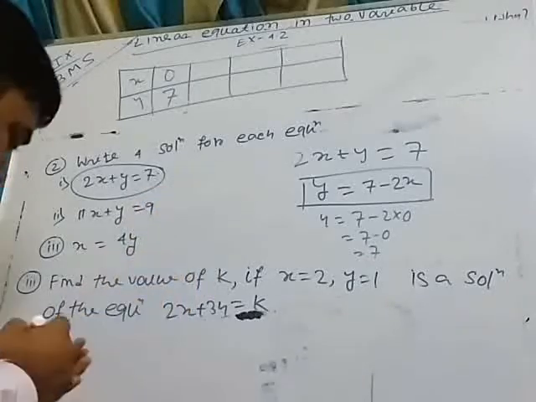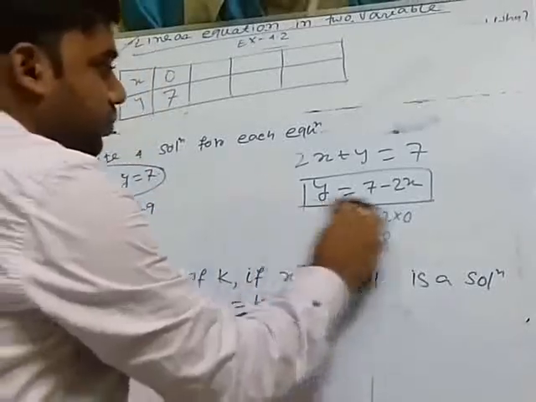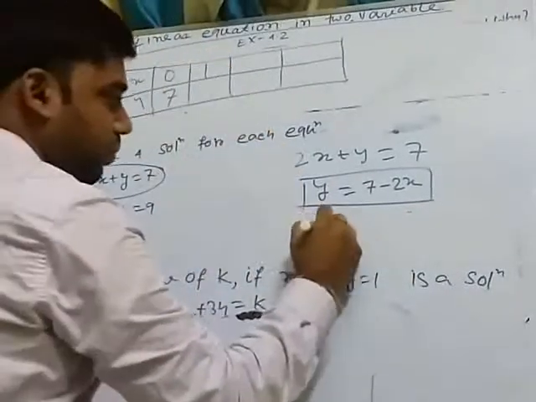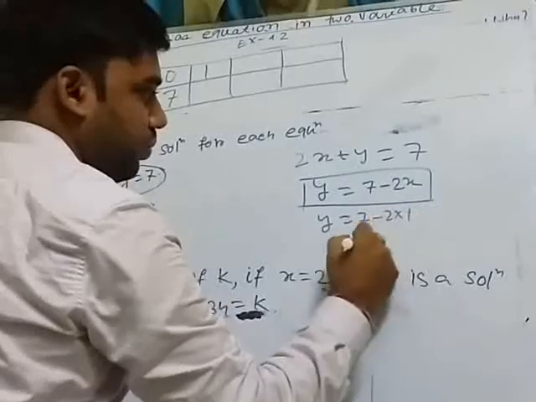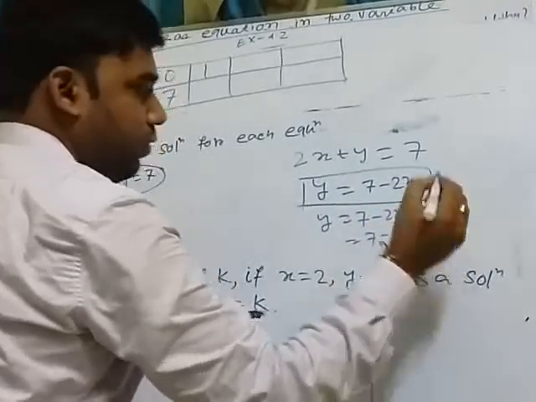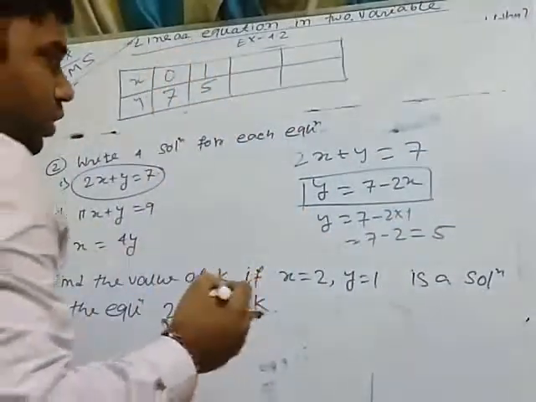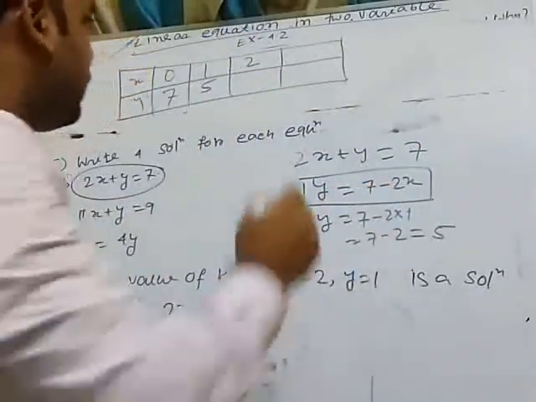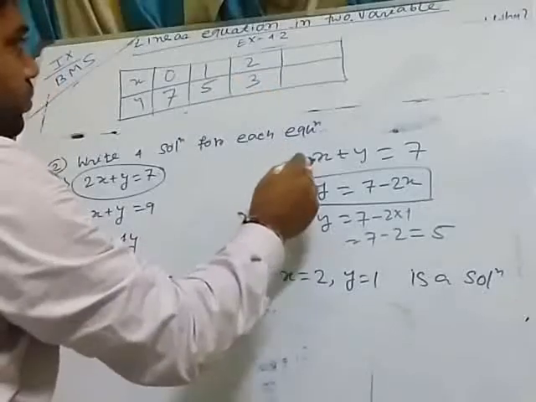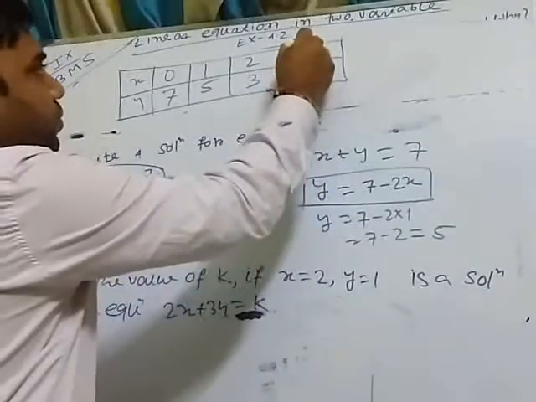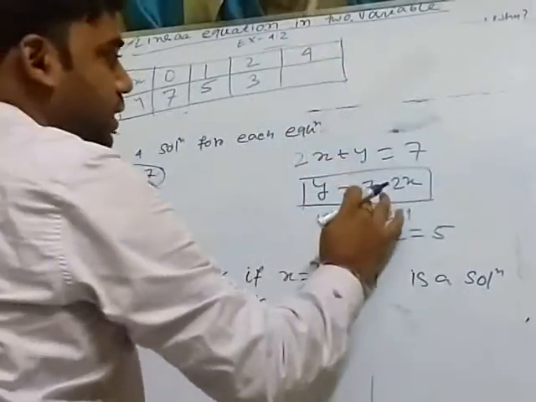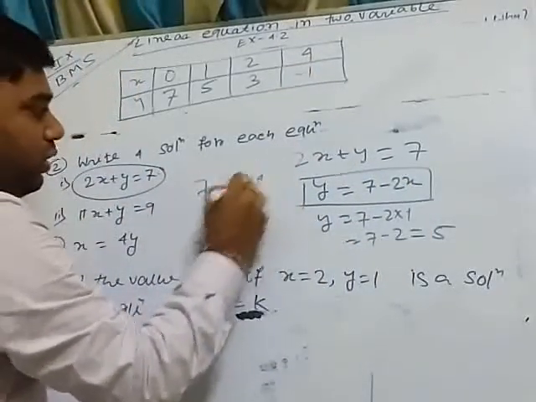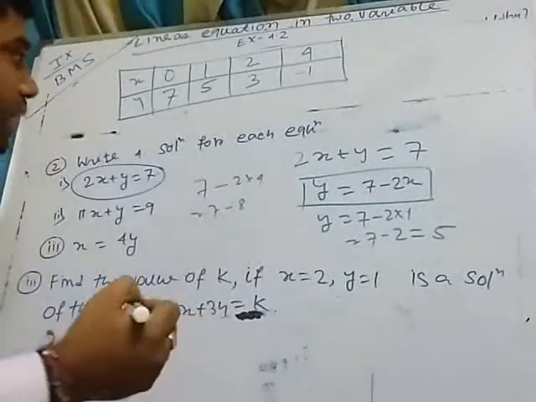Now if I put x equal to 1, y equals 5. Put x equal to 2: 7 minus 4, that is 3. And x equal to 4: 7 minus 2 into 4, that is 7 minus 8, which means minus 1.